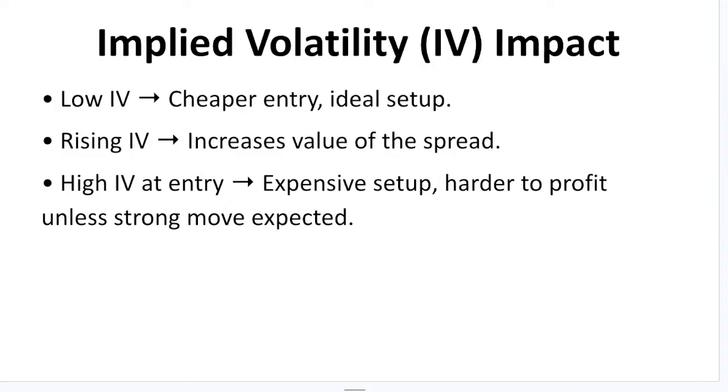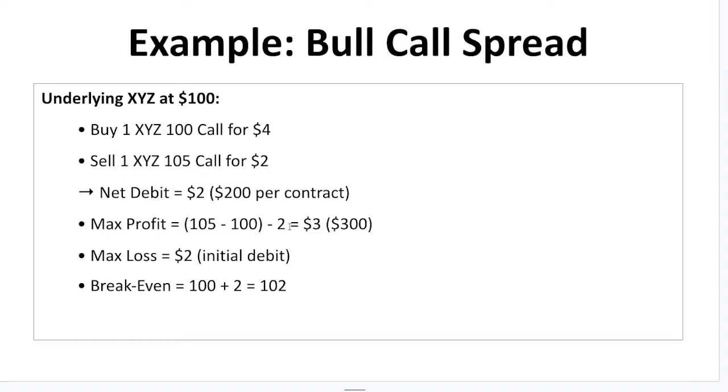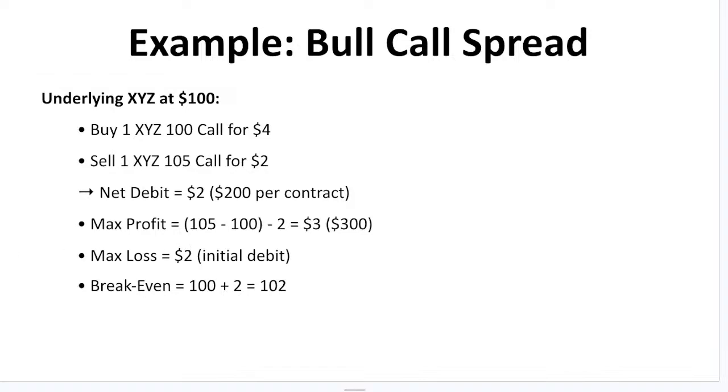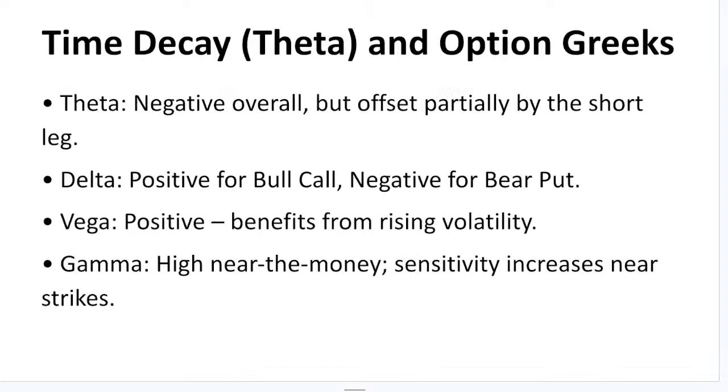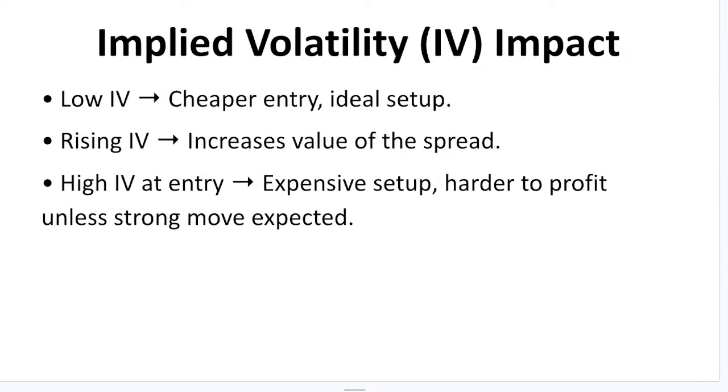For example, you pay $2 and your maximum profit is $3, so your R to R is roughly 1.5. But usually you don't collect the full $3, unless you want to hold through expiration.